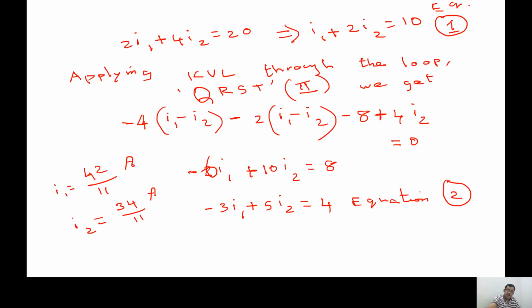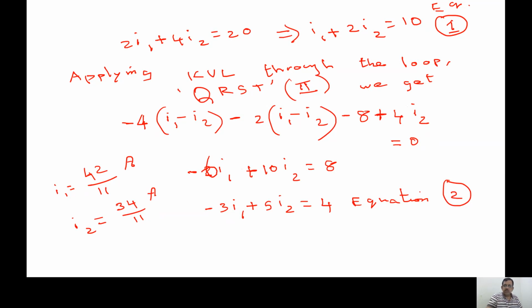The I1 term gets cancelled, because 3 I1 minus 3 I1 is 0. I will have 6 I2 plus 5 I2, that is 11 I2, and on the right hand side 30 plus 4, 34. So 11 I2 equal to 34. Therefore I2 will be 34 by 11.